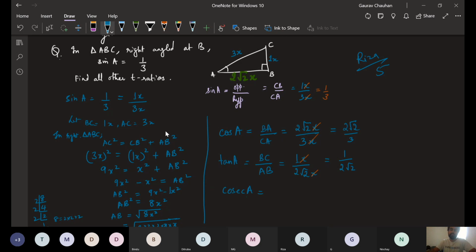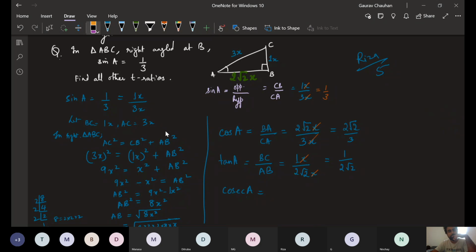Cosec is the reciprocal of what? Take a minute. See what cosec is the reciprocal of. Cosec theta is equal to 1 by something, no?